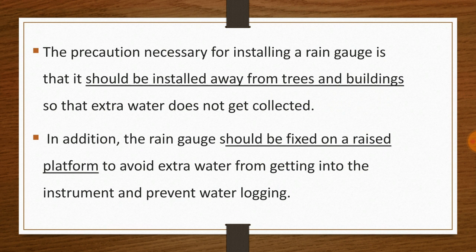So that extra water does not get collected. Secondly, the rain gauge should be fixed on a raised platform for the same reason, to avoid extra water from getting into the instrument and to prevent water logging. So these two precautions are very necessary while we install a rain gauge.